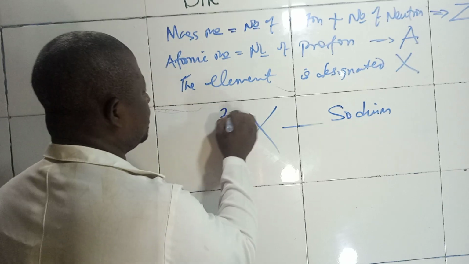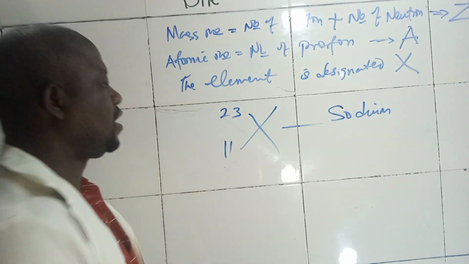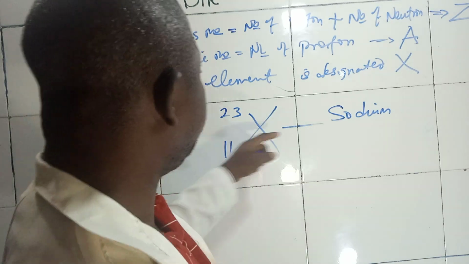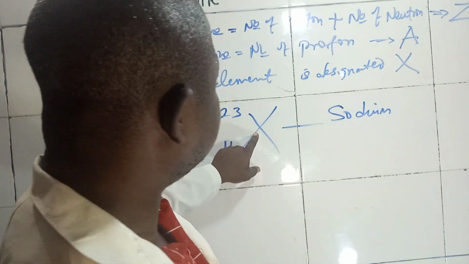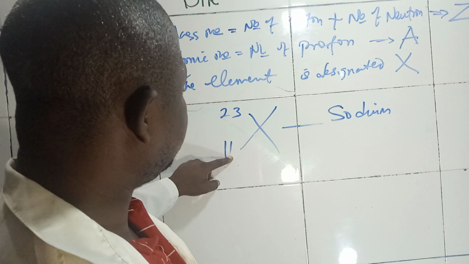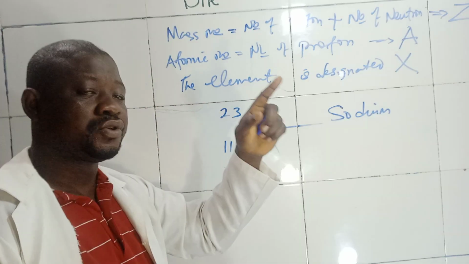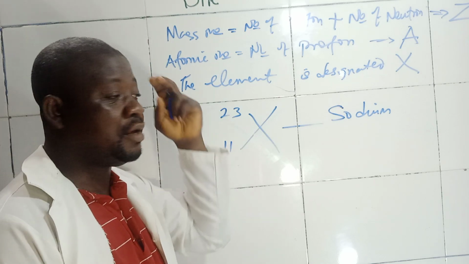Maybe I've given you 23 and 11. I say, calculate the number of neutrons in this compound. Even without me writing what X is, merely looking at the 11, you should know that it stands for sodium on the periodic table.